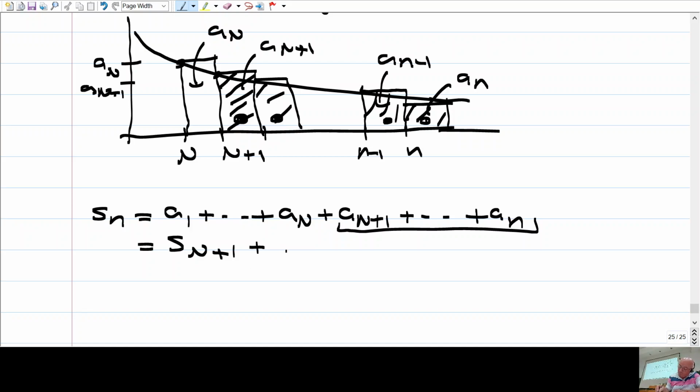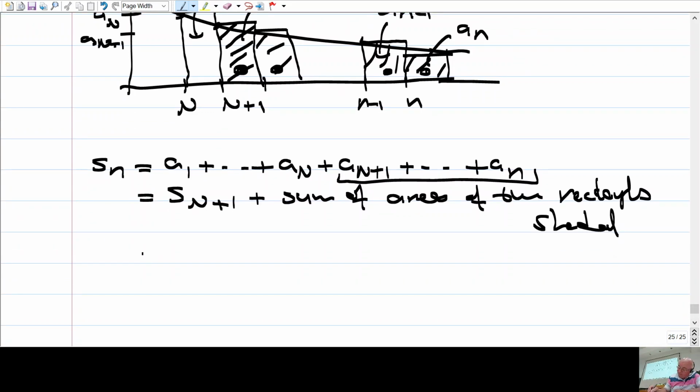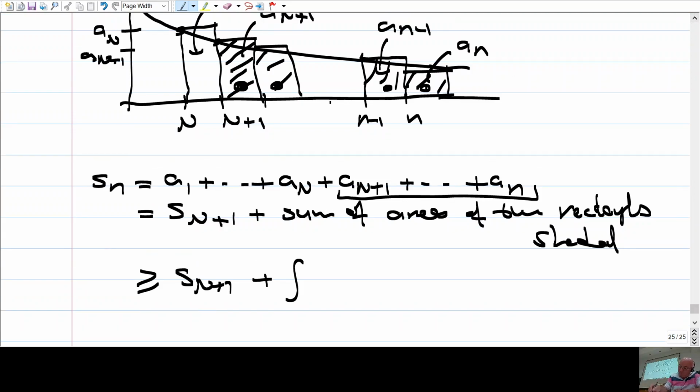So the sum of areas of the shaded rectangles is larger than the following: s n plus 1 plus the area under the curve, starting from where? N plus 1 up to infinity, the integral of f of t dt.